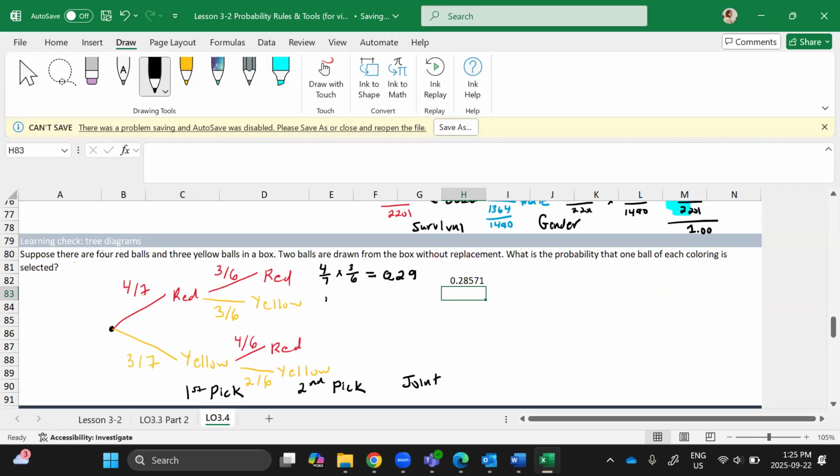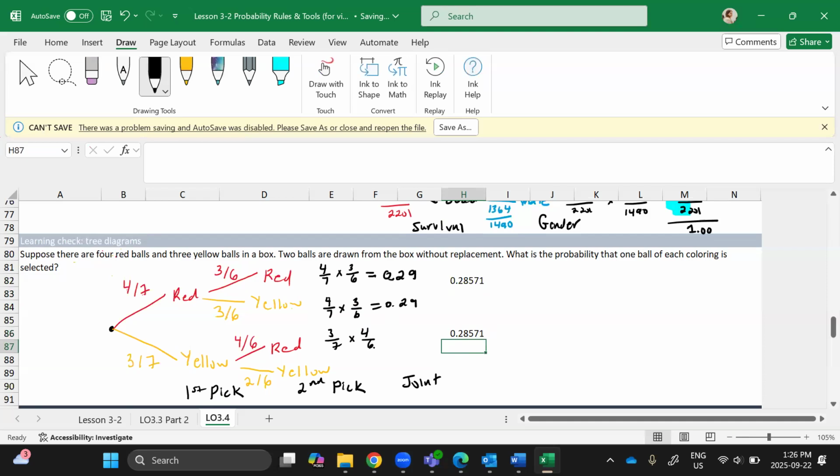For the next branch, it's the same, 4 over 7 times 3 over 6, about 0.29. For the branch down here, it'd be 3 over 7 times 4 over 6. It should be the same number too.